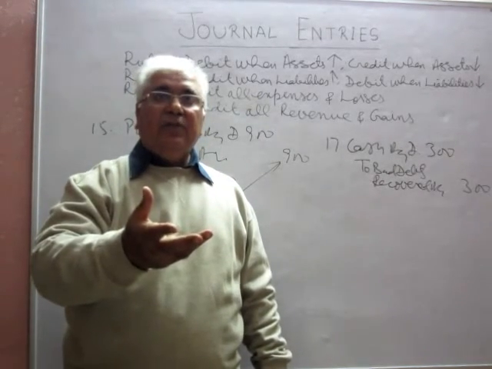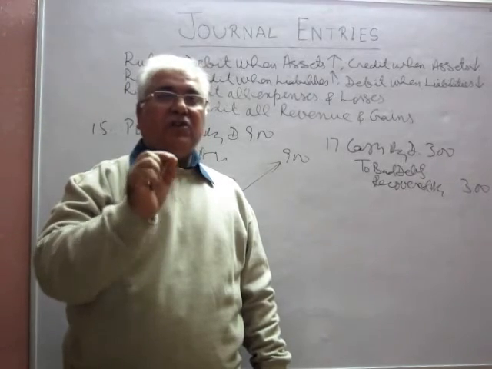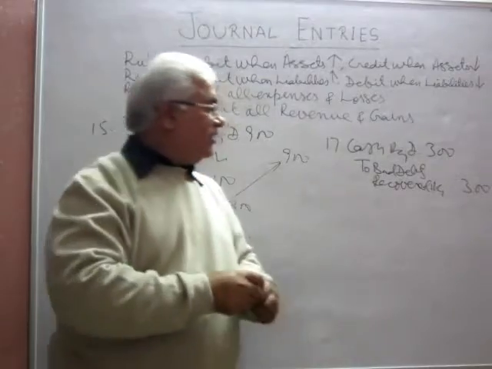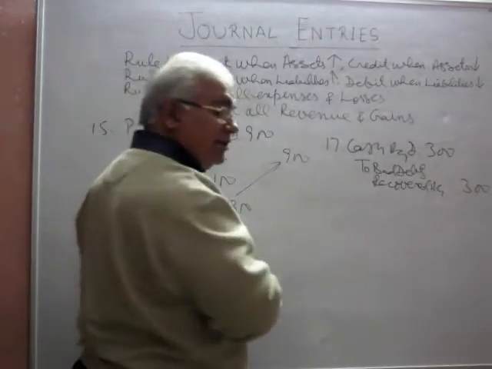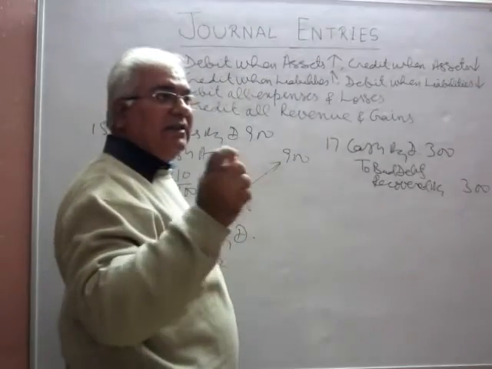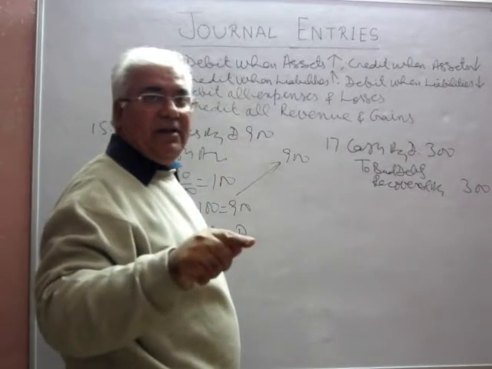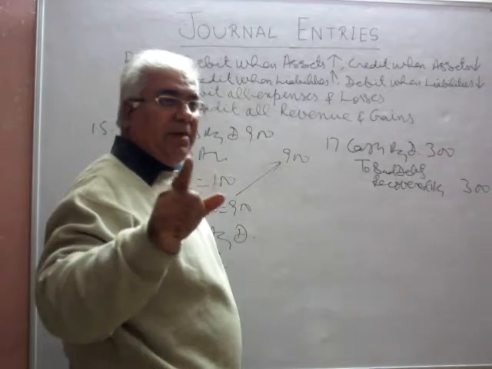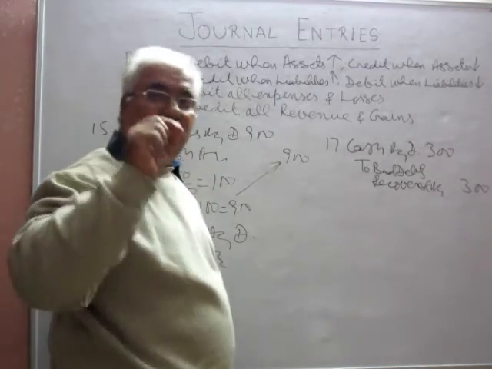Okay? So in this case, if he withdraws cash, our cash is reducing, so cash account will be credited. And since his capital account was to be debited, since our liability is reducing, or instead of capital account, we are debiting the drawings account.